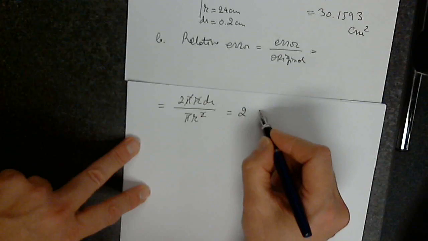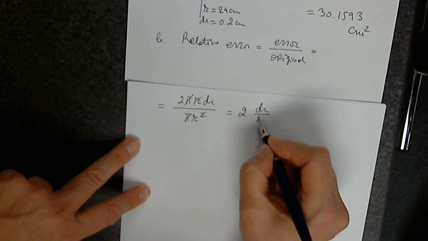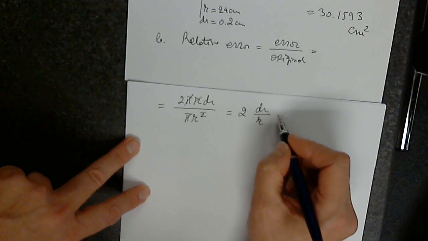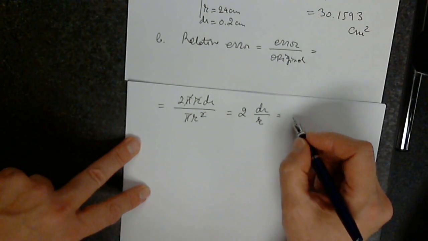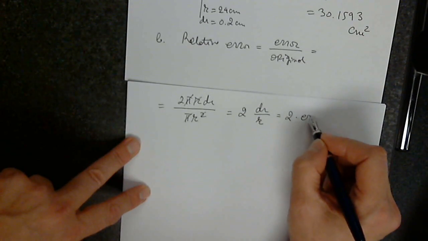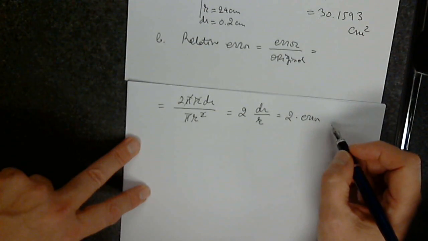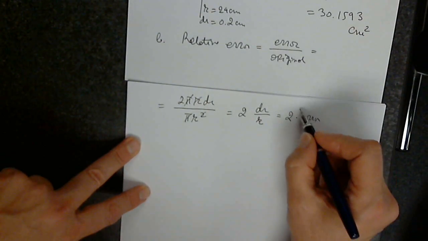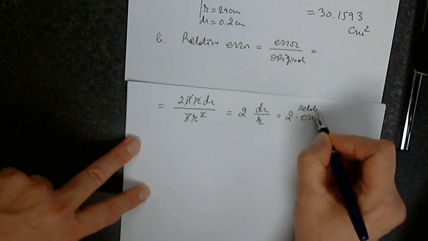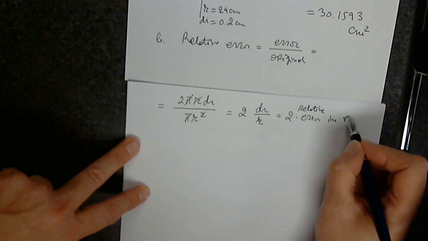So this is twice dr over r. So the relative error in the area is twice the relative error in the radius.